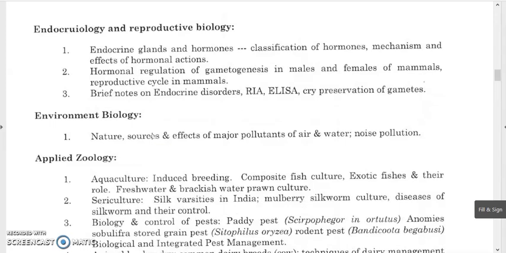Endocrinology and reproductive biology. Endocrinology deals with the endocrine system, that is hormones, and how hormones play important roles in different endocrine glands, right?